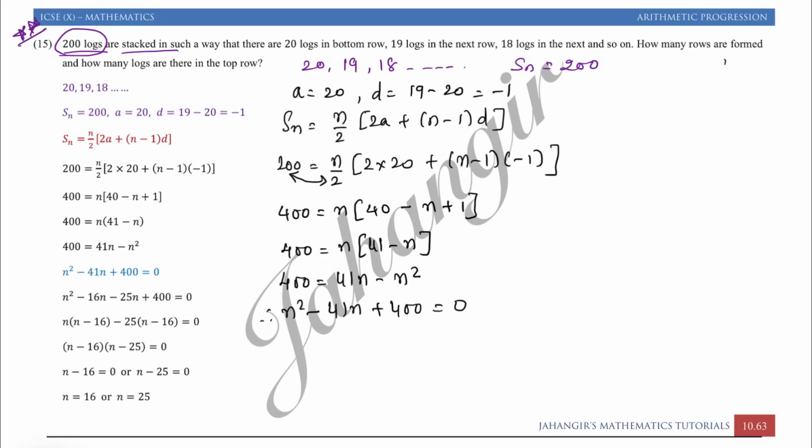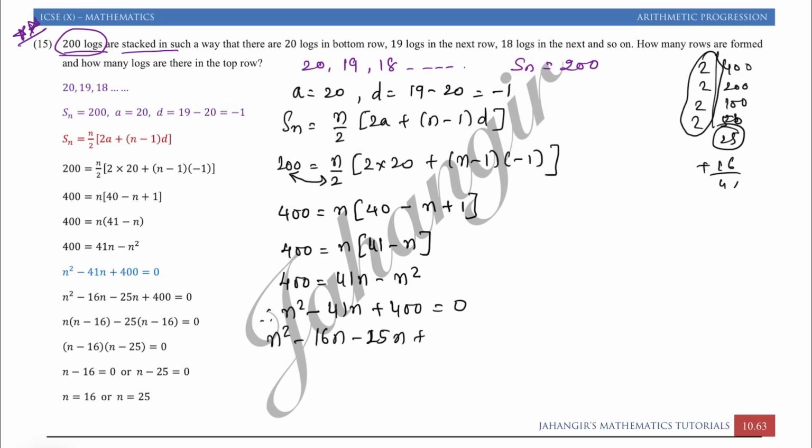Now we will find the factors of 400. We can say 16 into 25 is 400, and 25 plus 16 is 41. If you add both of them, you will get 41. So we can write n square minus 16n minus 25n plus 400 is equal to 0.